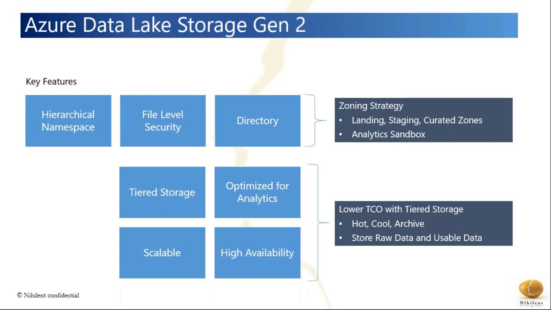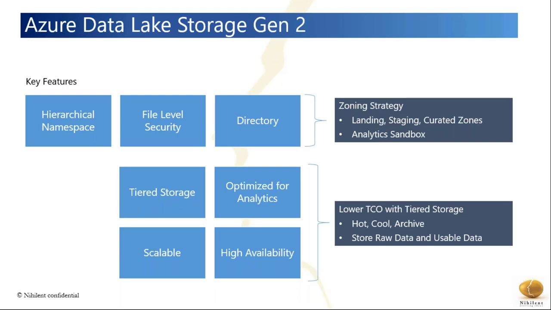The other area that is very useful is the tiered storage. The tiered storage was available in the blob storage earlier, and now it's available in Data Lake Storage Gen 2 as well. And I think it is going to be very useful for lowering your total cost of ownership, because you might come across data you think would be very infrequently used. It might be a good place to store that in a cool storage, right?